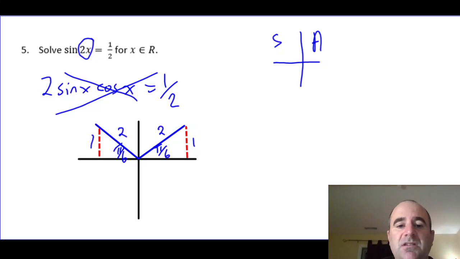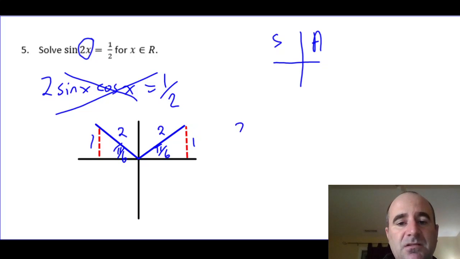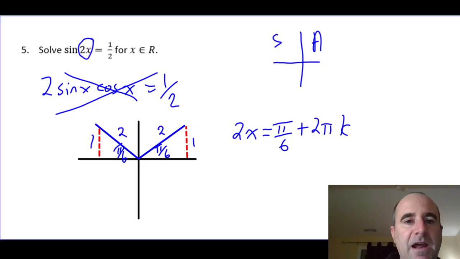And now we can say that, okay, not x, but 2x, 2x is equal to pi over 6 plus 2 pi k, because we need to consider the fact that you can keep going around the unit circle to get more answers.